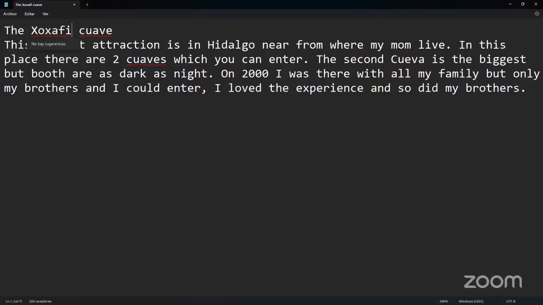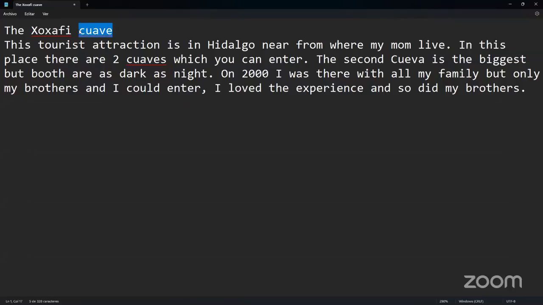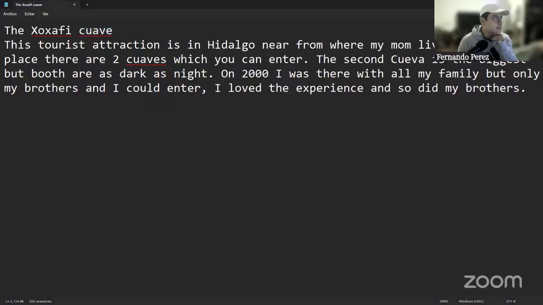Soksafi. Interesting. Did you want to say cueva? I want to say gruta, but I didn't know how to say it. Interesting. Let me check. I don't know either.